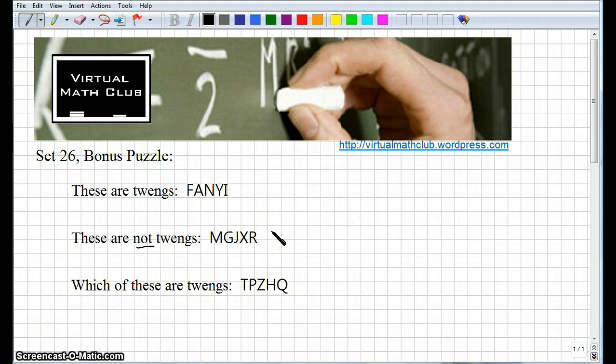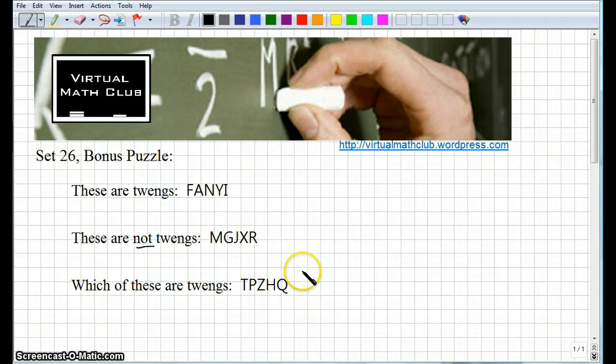We just want to find some common attributes between these letters that are not attributes of these letters. Once we figure out what these letters have in common, then we can figure out which of these letters is a twang.